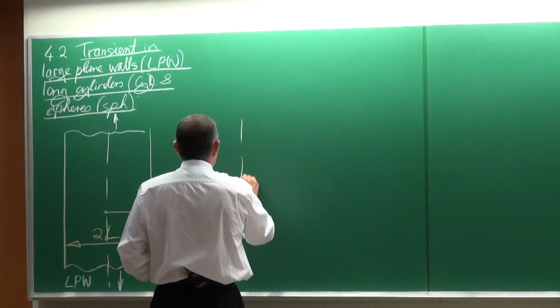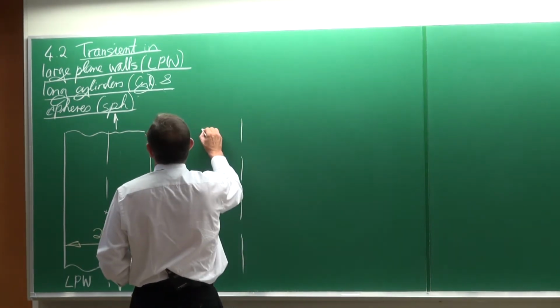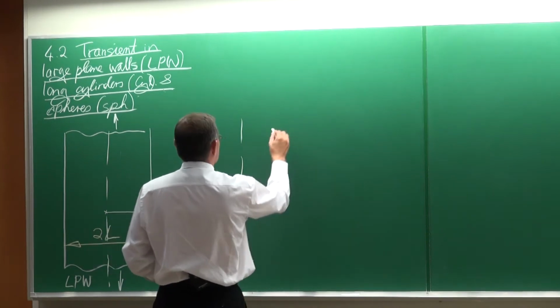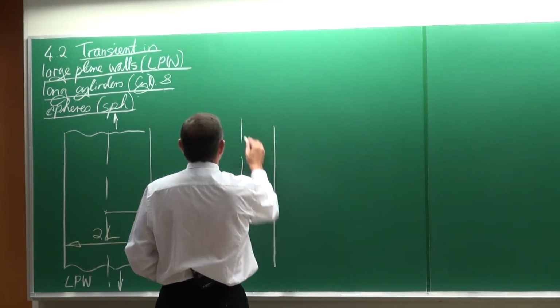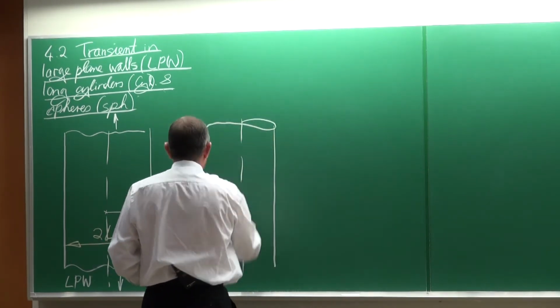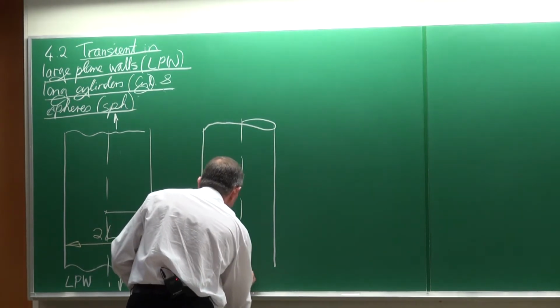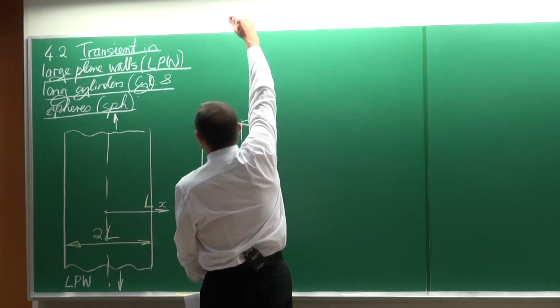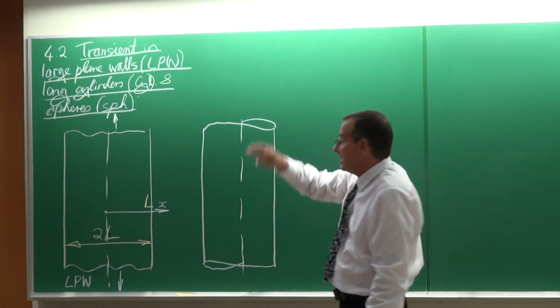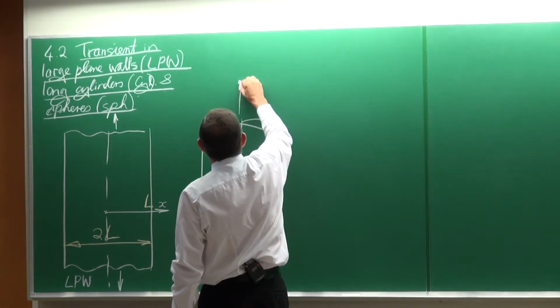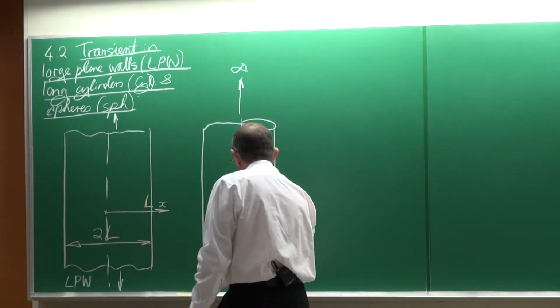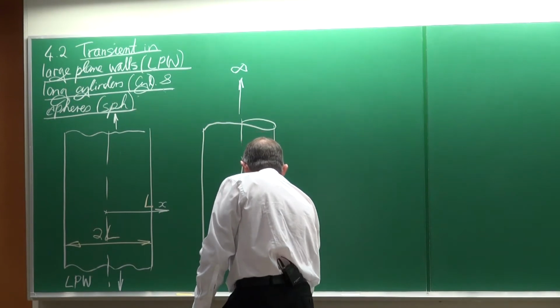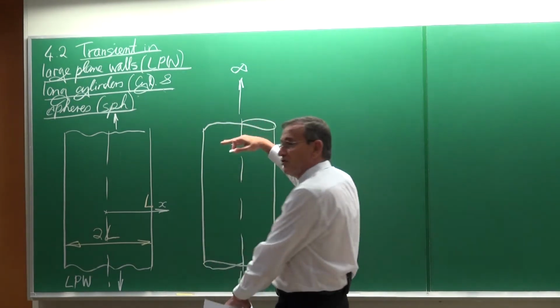Then schematically, the long cylinder, here's the long cylinder. Now I do not have enough room on the board, otherwise I would have made it much, much longer. So again, this is not infinite, but extremely large or long in comparison with the radius.